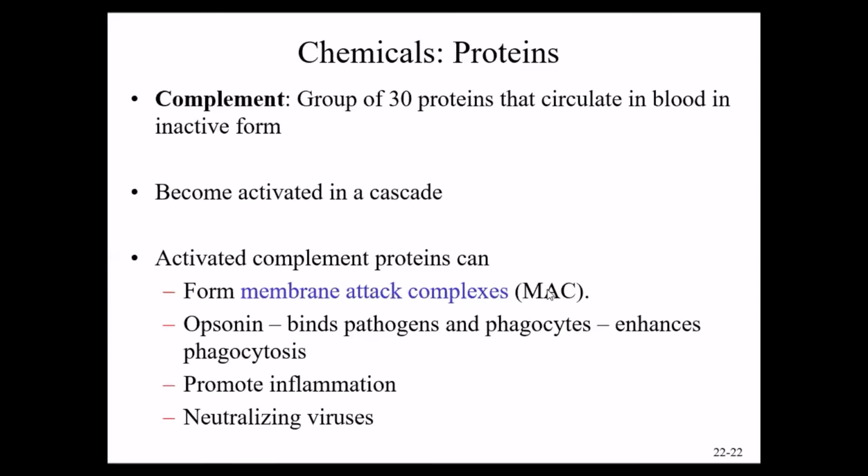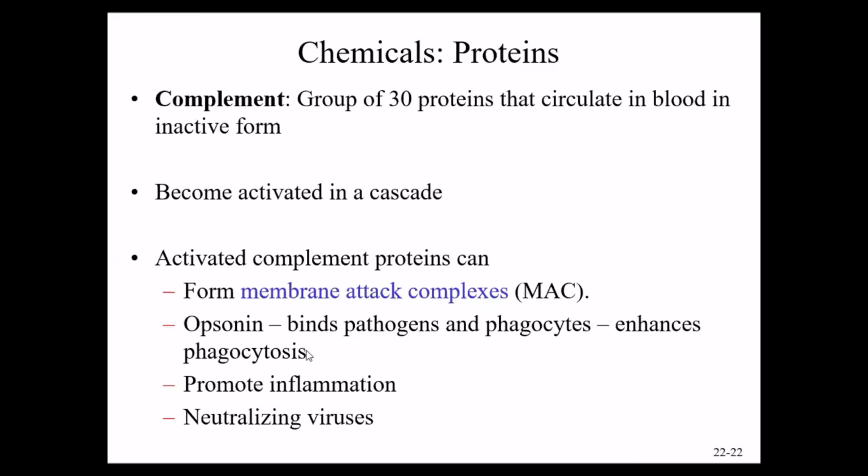What that means is that these proteins form almost like a little circular region on the surface of the invading pathogen. So on the surface of the bacteria, they form a circular region that punches holes or penetrates the membrane of the bacteria. And if you weaken the cell membrane and the cell wall of the bacteria, then that usually means that your immune system can hopefully fight off that infection a little easier. They work as something called an opsonin.